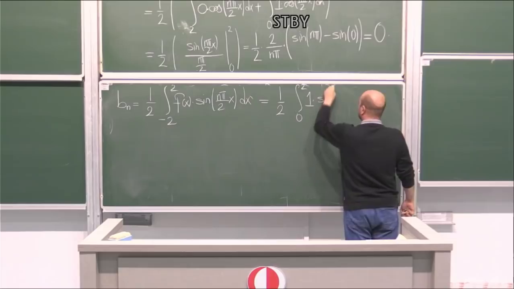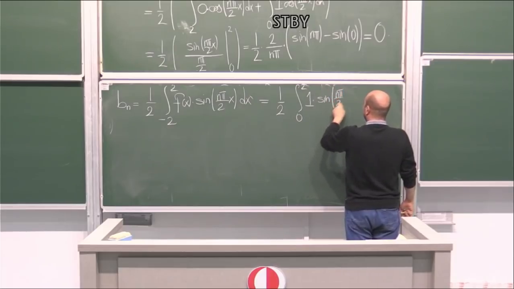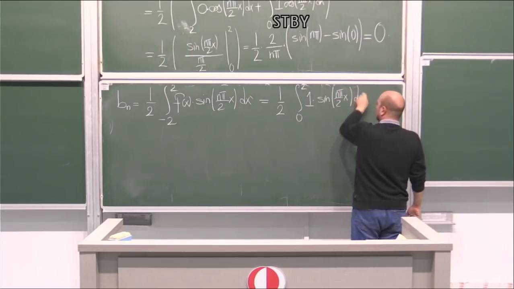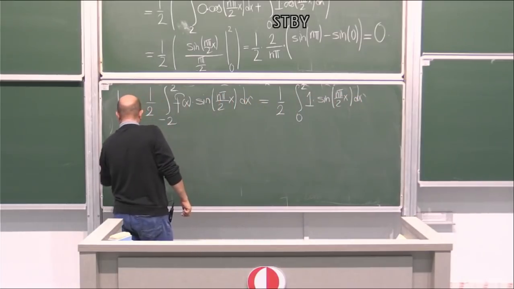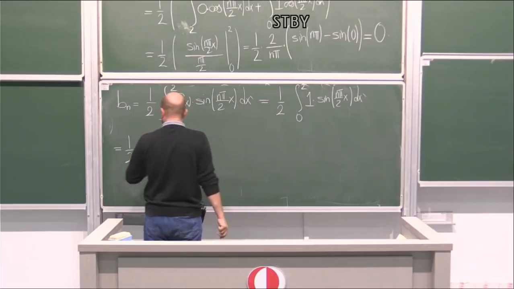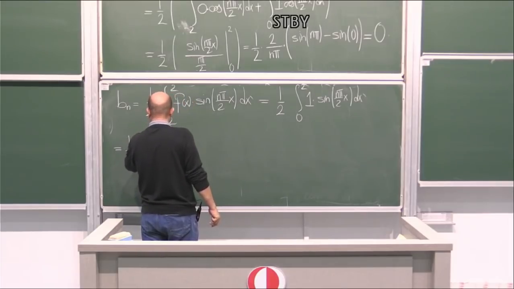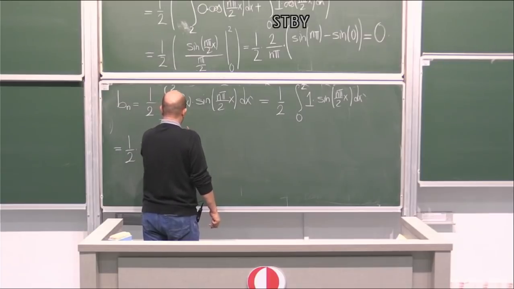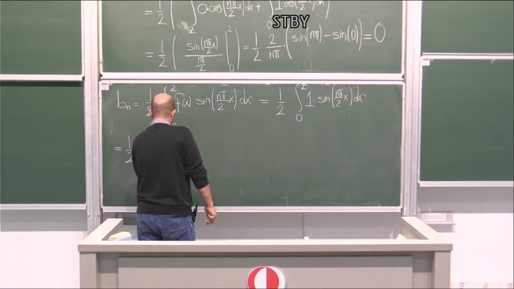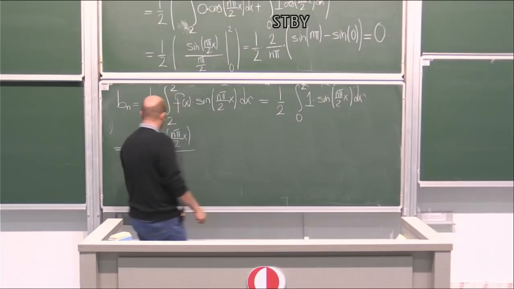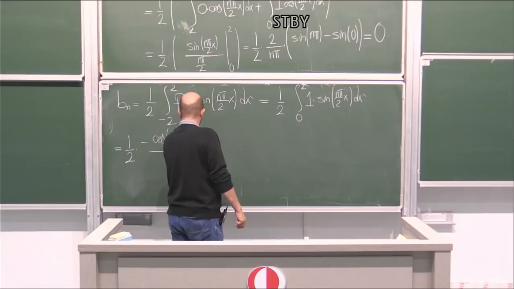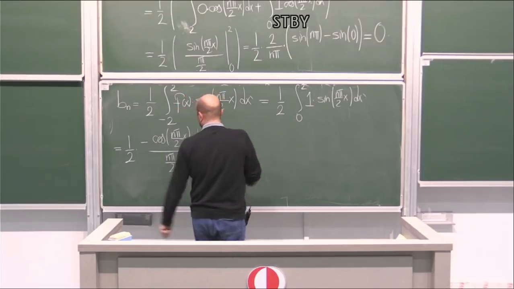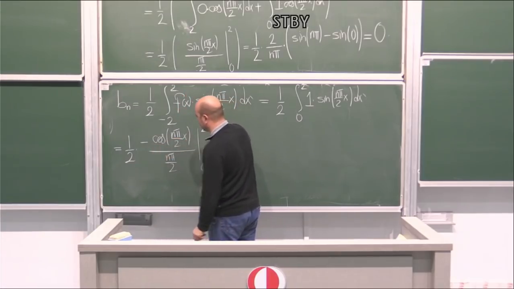Sine n pi over 2 x dx. So if you look at this, we have 1 over 2 times the antiderivative, which will be negative cosine n pi over 2 x divided by n pi over 2. And the boundaries are from 0 to 2. So if you now write this, the 2's are cancelled.